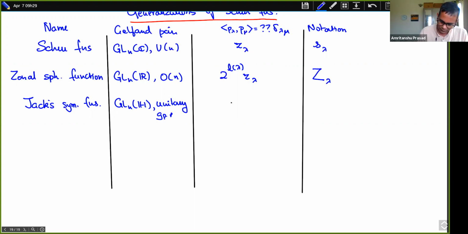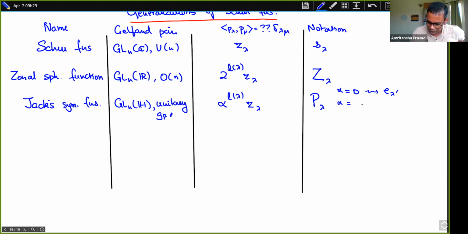Here the inner product is alpha raised to L lambda times z lambda, where alpha is now a parameter. You can think of these symmetric functions as having coefficients in rational functions with rational coefficients in the variable alpha. These are usually denoted P lambda. If you take alpha equals 0, you get e lambda prime. If you take alpha equals infinity, you get m lambda.